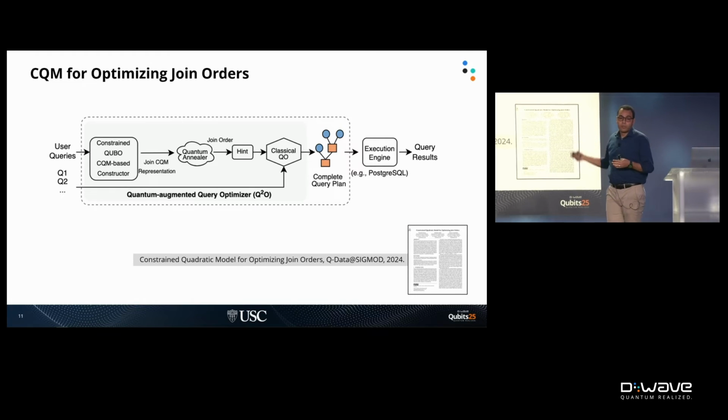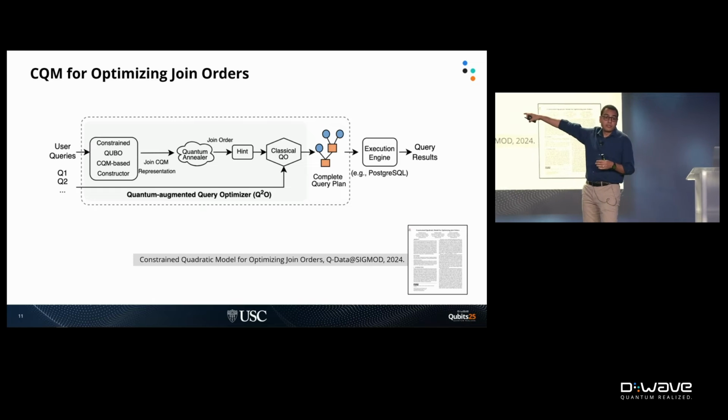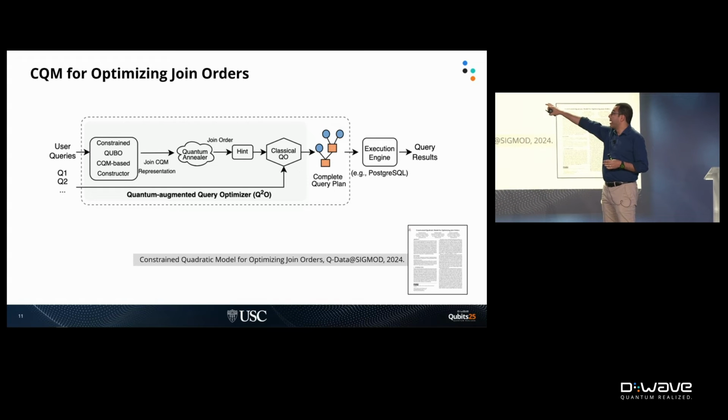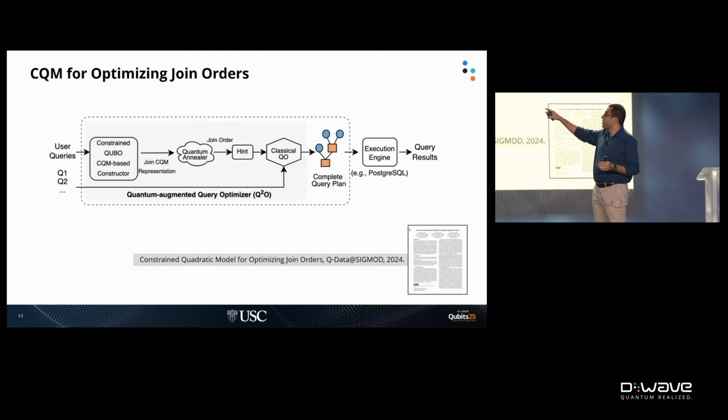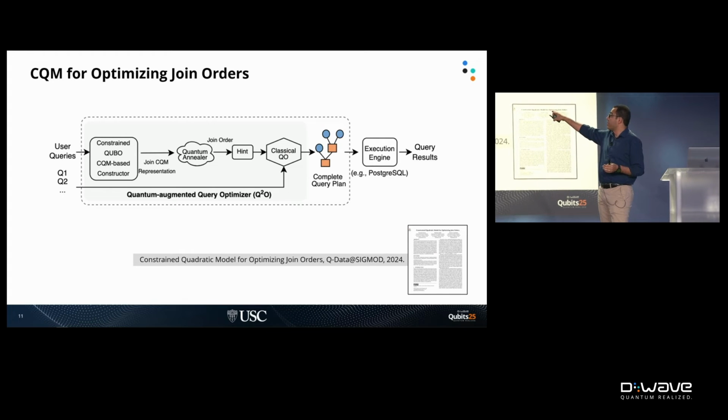We picked one of the widely used open source database management systems, which is Postgres. What we do exactly here: we get the user queries on the left side, and then we pass them to our constructor for the join order optimization, which uses a constrained QUBO representation that will be passed to the CQM, with all the encoded constraints and everything. Once we do that, we pass it to the quantum annealer.